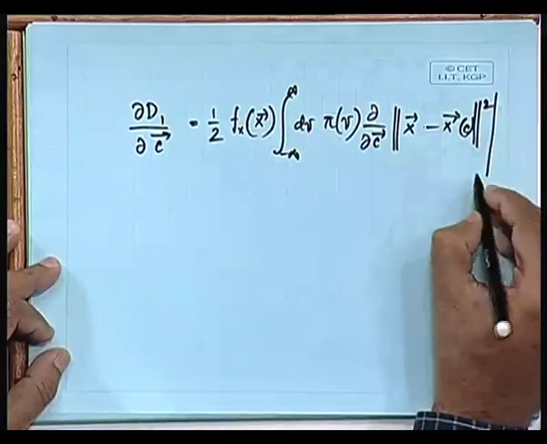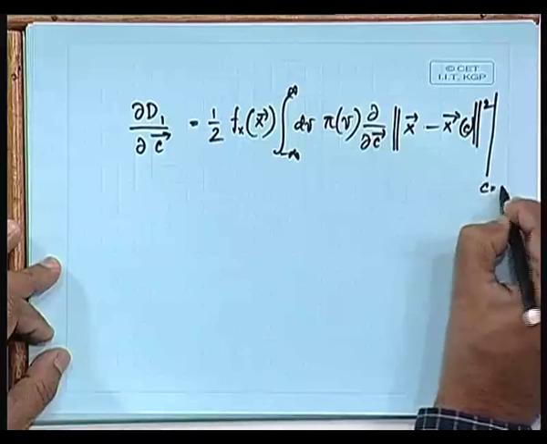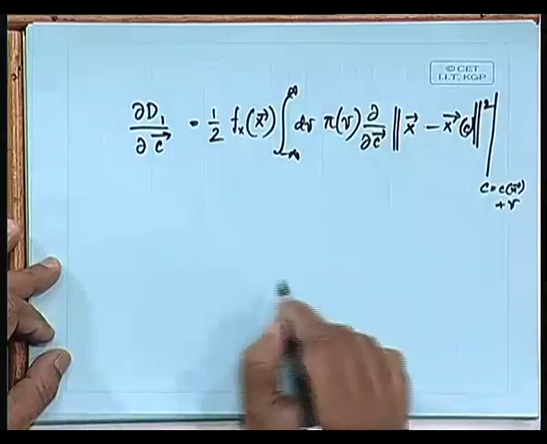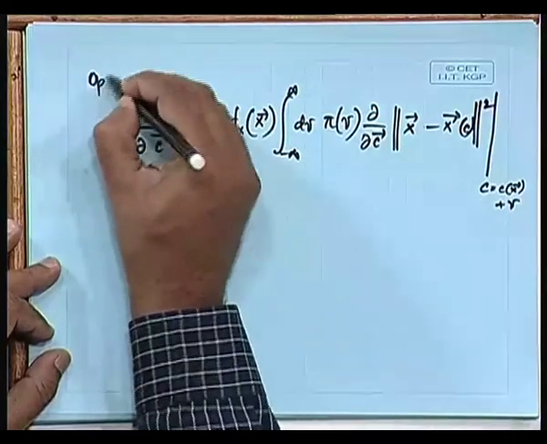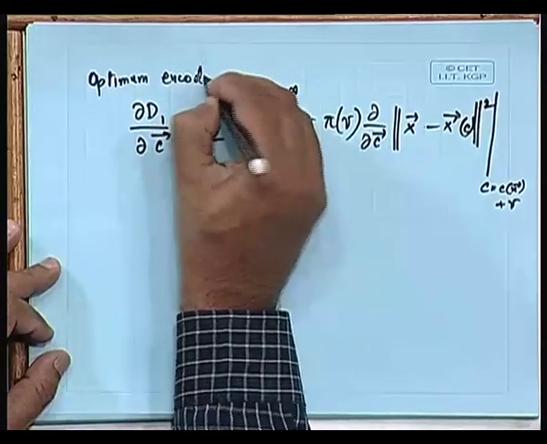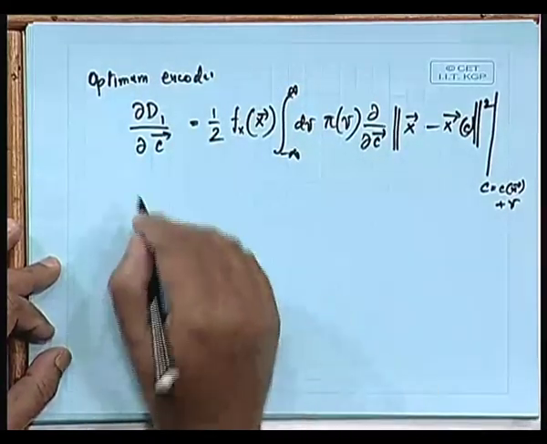This is at the point C equal to C(x) plus ν. So, this is for the optimum encoder. We have to equate this thing to 0 and solve.